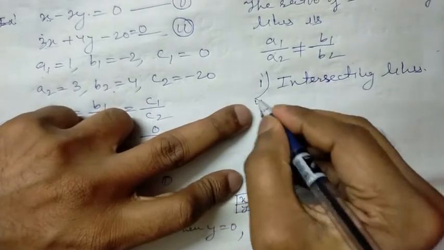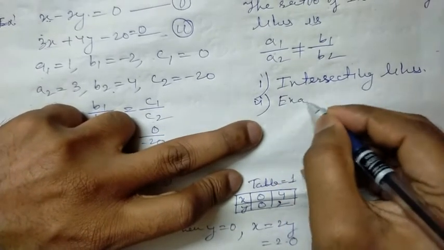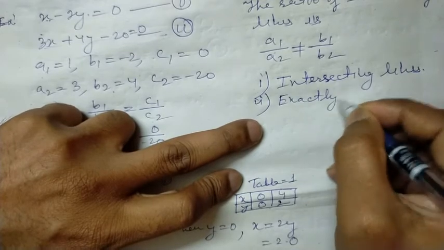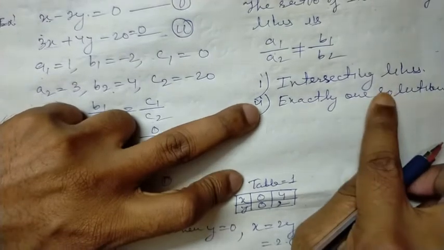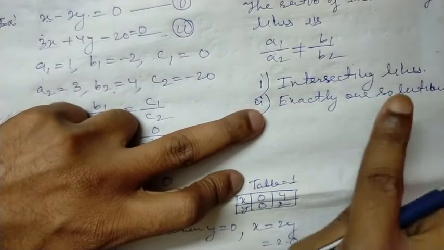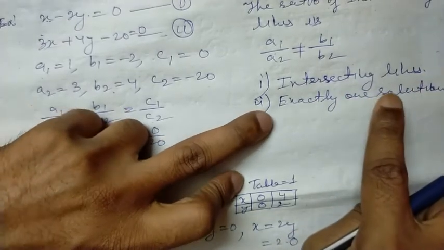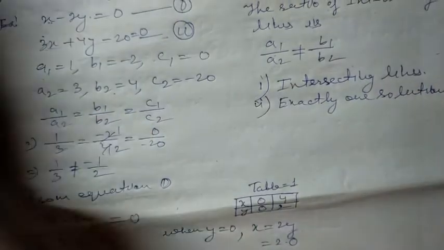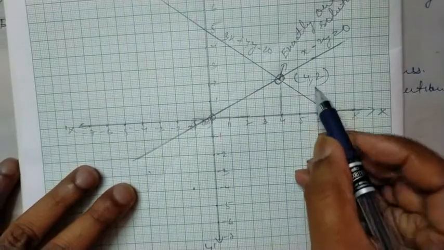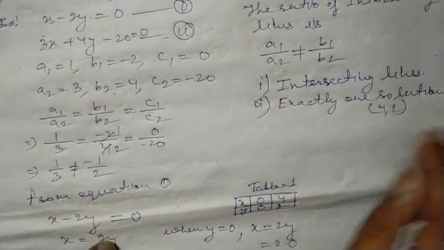Number 2, it will have exactly one solution. It means that somewhere the two straight lines will intersect, but they intersect at one point. Where they intersect, you see, it is at one point, 4 and 2. Okay, so we can write here 4 and 2.